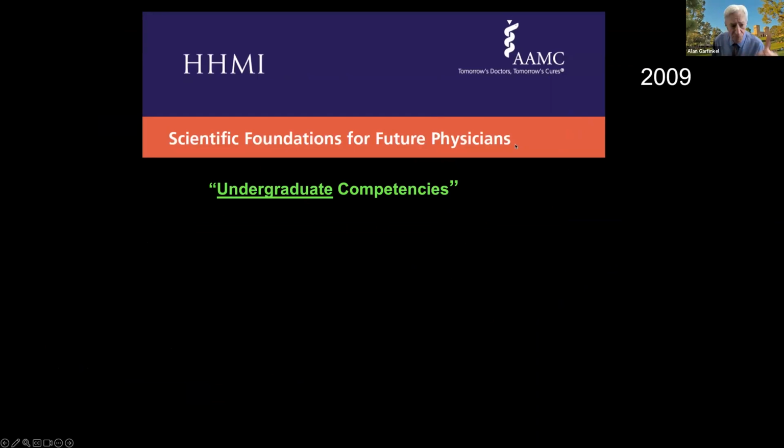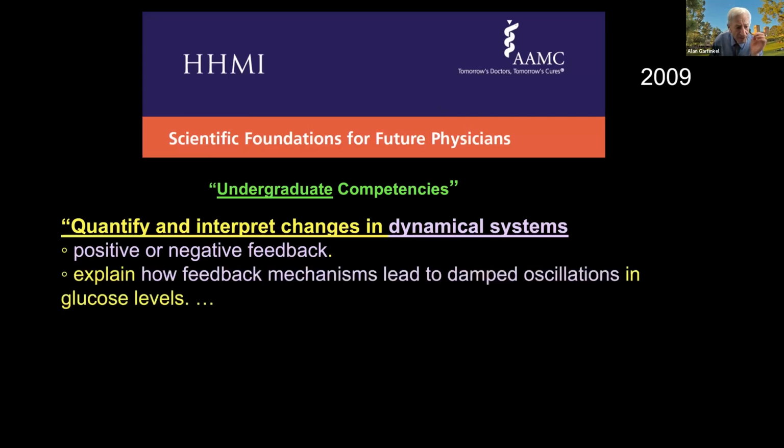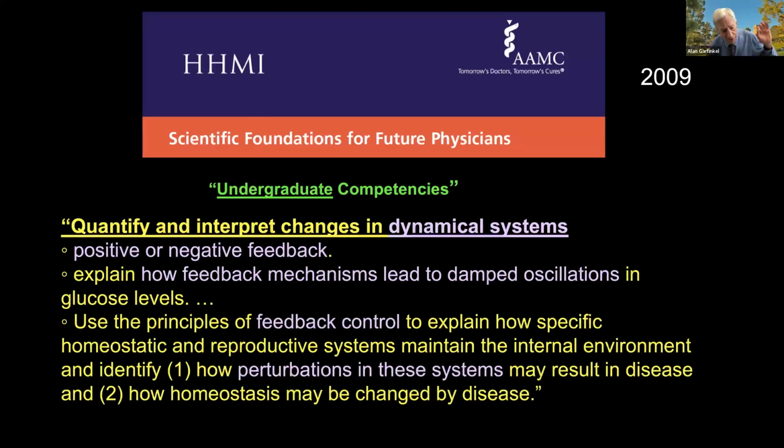They asked for certain undergraduate competencies. These include being able to quantify and interpret changes in dynamical systems using positive and negative feedback. They wanted the student to understand how feedback mechanisms can lead to oscillations, for example, in glucose. They wanted you to understand how to use the principles of feedback control to explain homeostasis and disease.